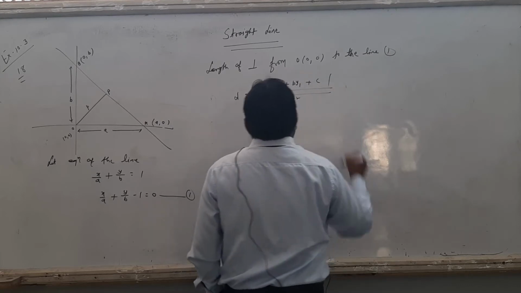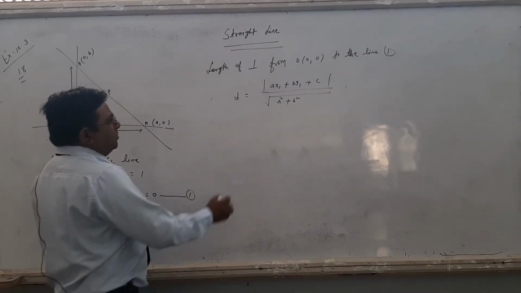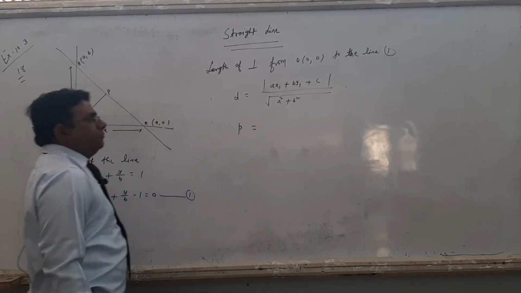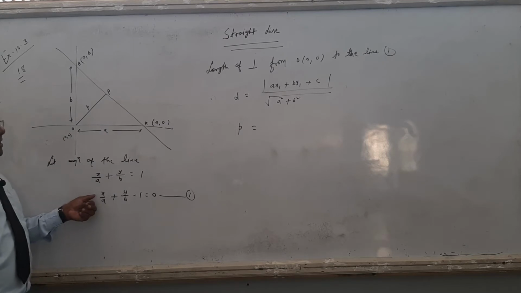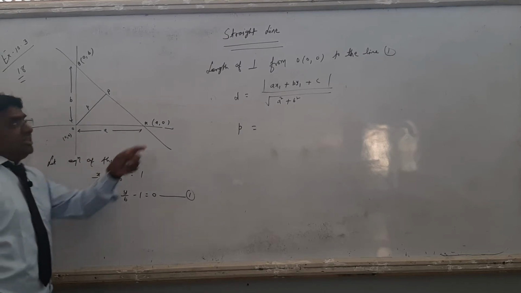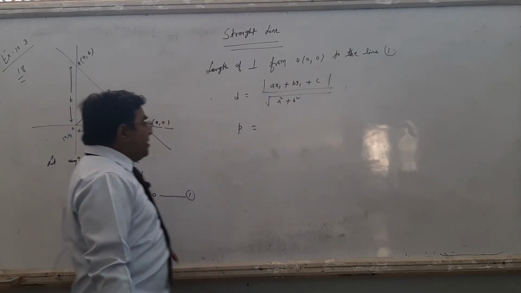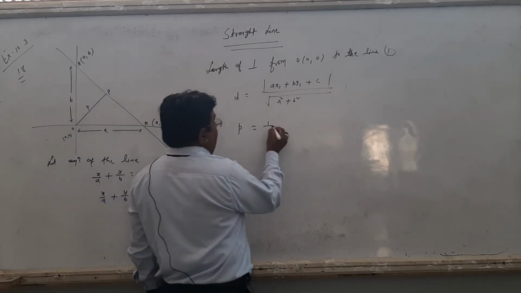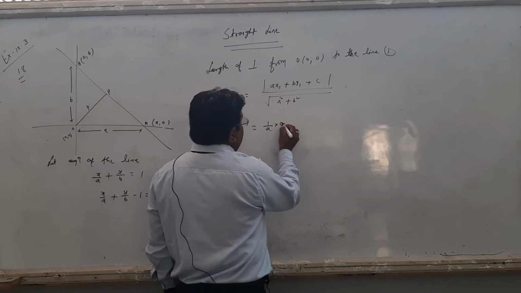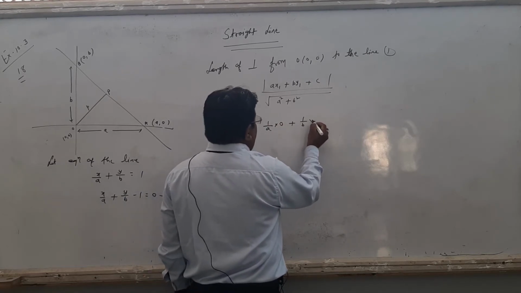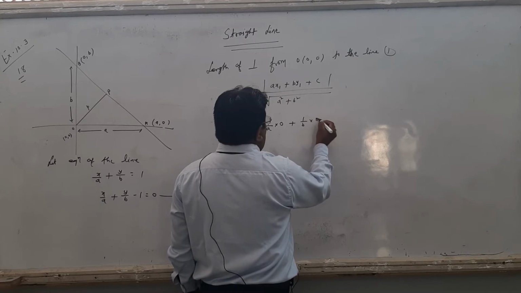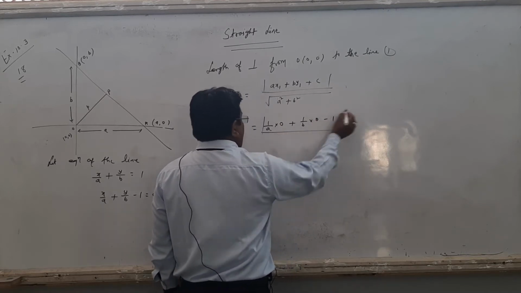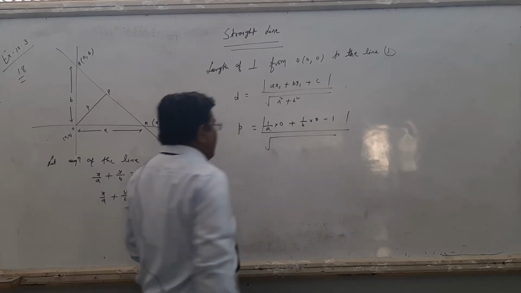Then apply this formula. Distance d is given as small p. What is the meaning of x1 and y1? Here the coefficient of x is 1 upon a. Now x1 is 0, plus 1 upon b times y1, which is 0, minus 1, whole mod, upon the square root of A square plus B square.